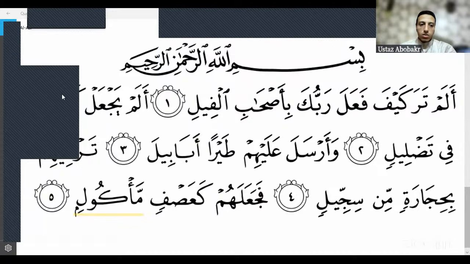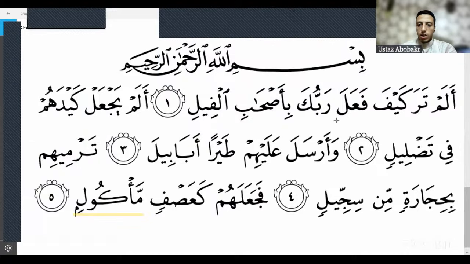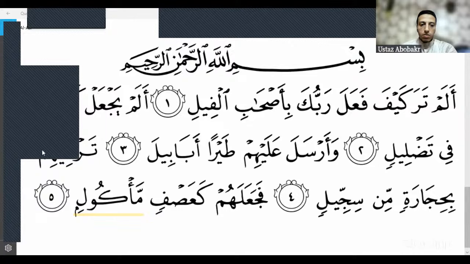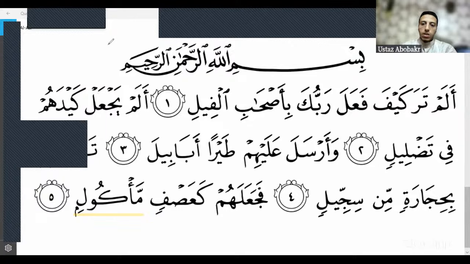Okay, quickly, let's discuss the things we mentioned today. We talked about how all the letters in the Arabic language are light, except seven. These seven letters are... Do you remember any of them?